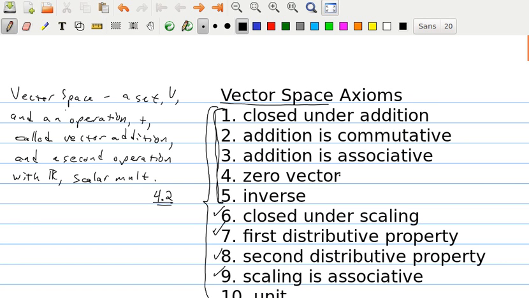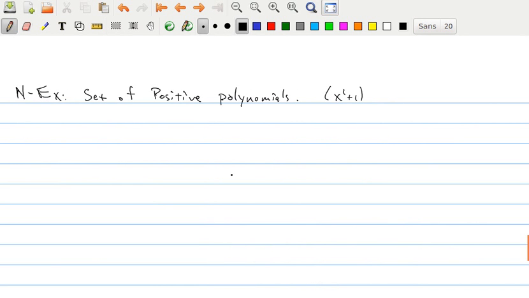If we go and look at the 0 vector, well, the only 0 vector possible in the set of polynomials is the polynomial that has 0 as all of its coefficients, 0 x to the k. Now this is not positive. It's not negative, but it is not positive.